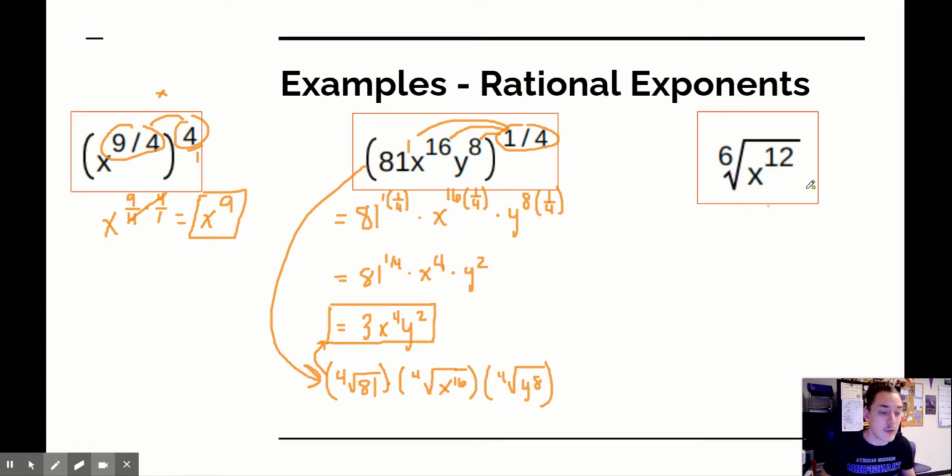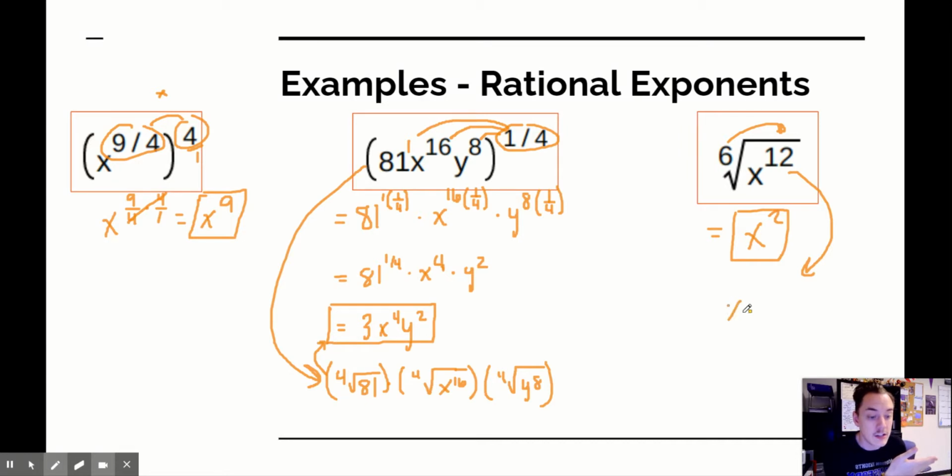So in this case right here, I can actually change this into an exponent. Okay, now obviously we already know how to solve this. How many times does 6 go into 12? Well, twice. So this is just straight up x squared. I'm already done. That's the answer. Or what I can do is now change it into a rational exponent.